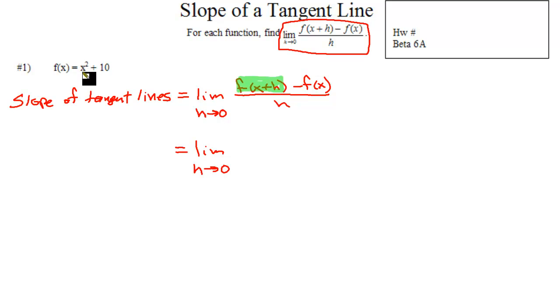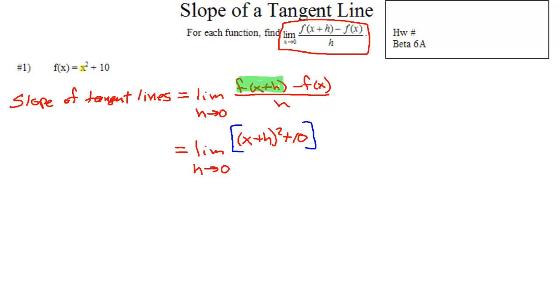Squeeze in a tiny little x plus h. So our function is supposed to be x squared plus 10, but instead we're going to have an x plus h squared plus 10, replacing the x with x plus h.